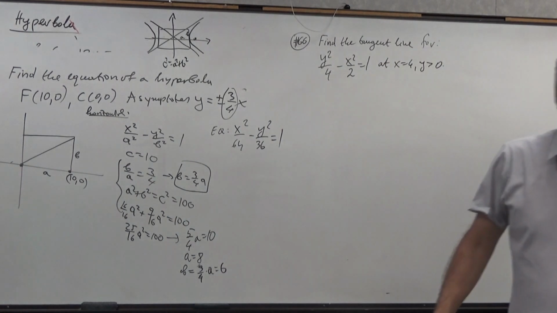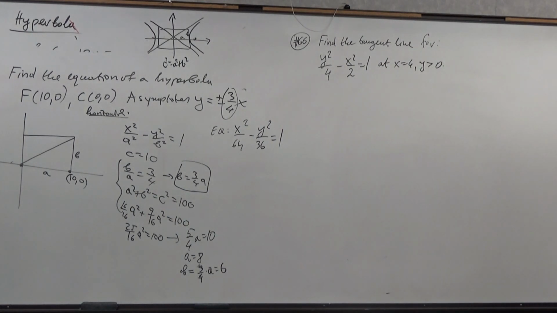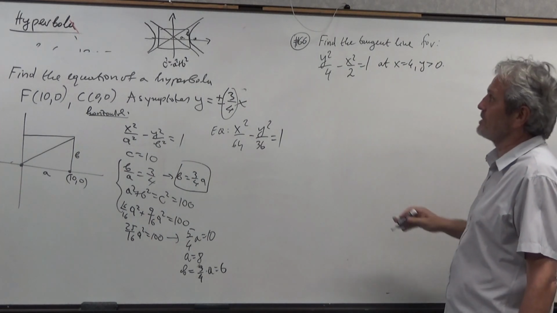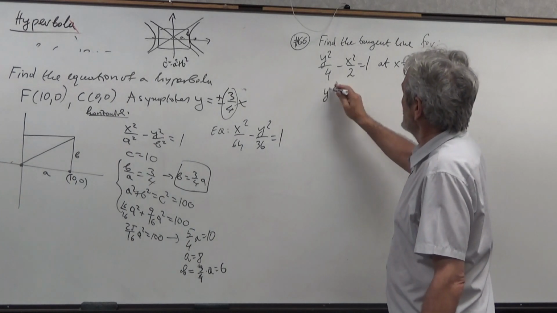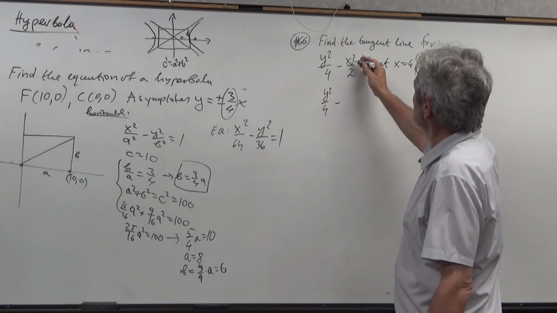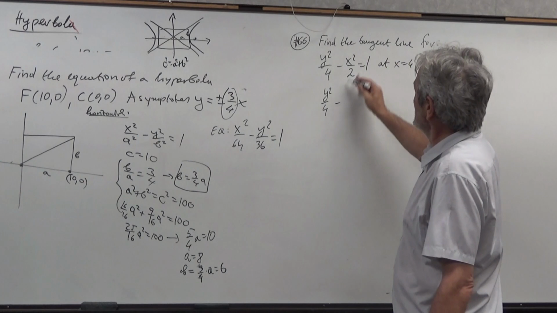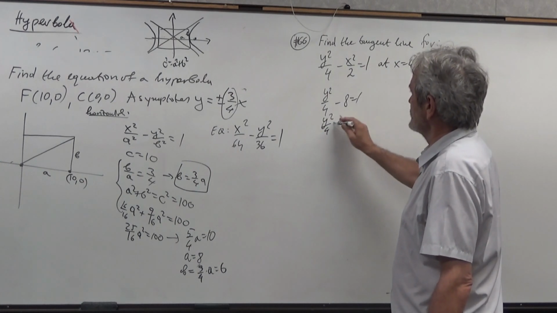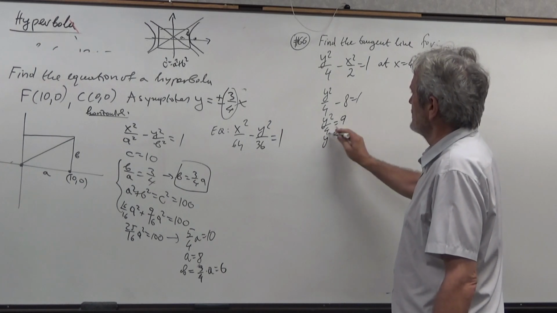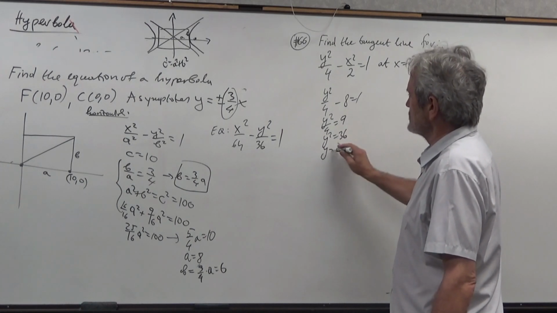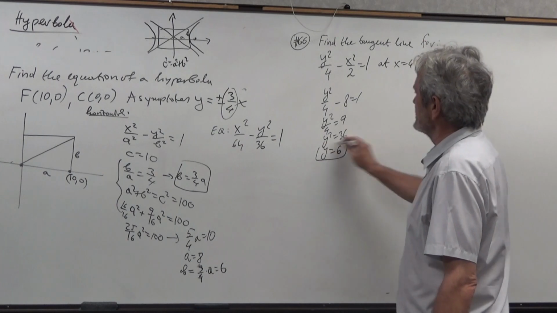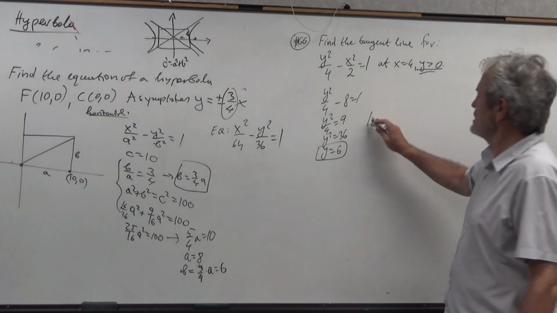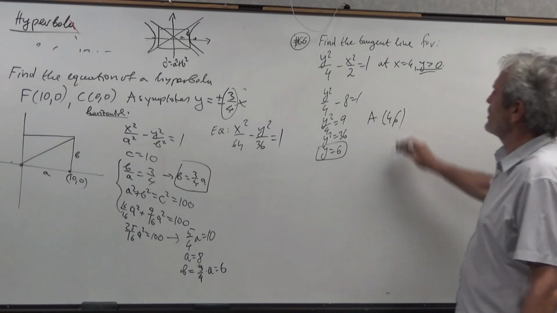They didn't tell us what y is. Of course, you can always calculate that. We plug it into the equation. Since there are two solutions, we'll pick a positive one. So we get y squared over 4 minus 16 over 2, which is 8, equals 1. So y squared over 4 is 9, y squared is 36. So y is plus or minus 6, but we pick the positive one because of this condition. So here it is, point A is (4, 6).